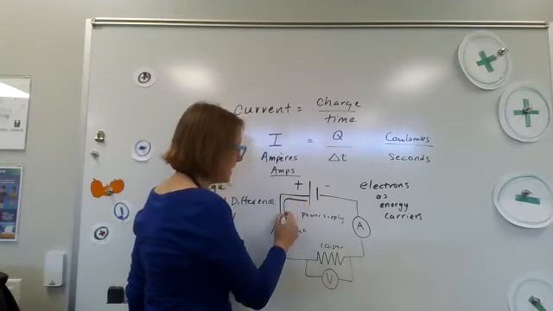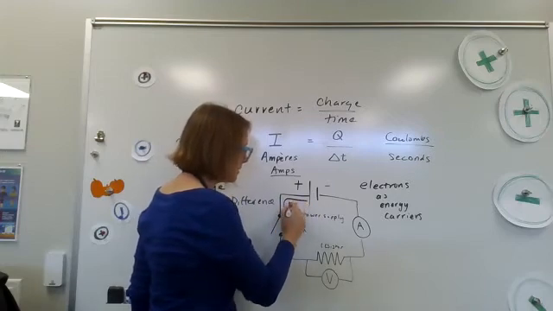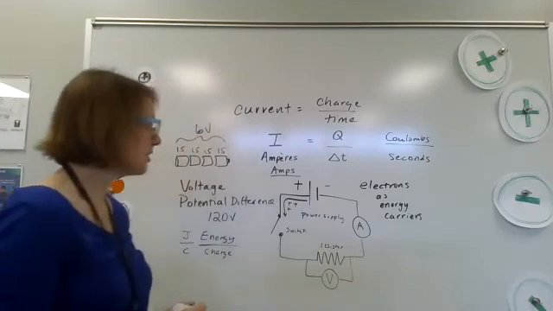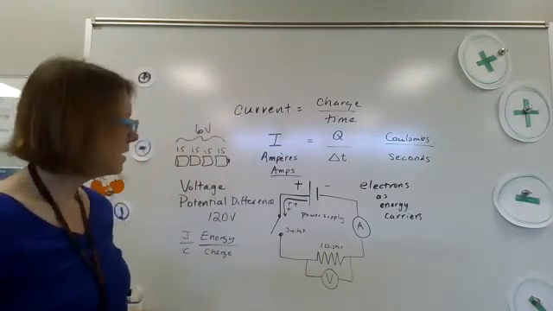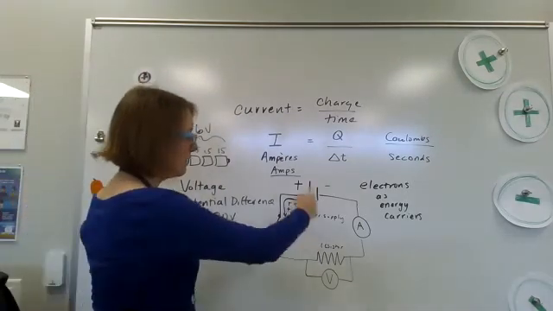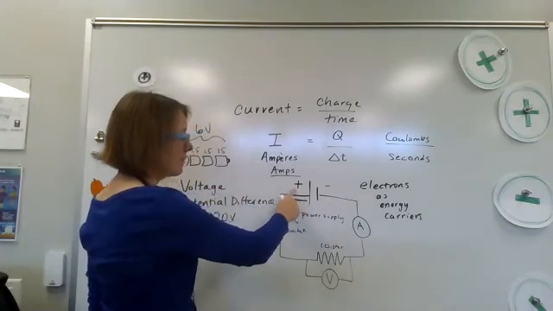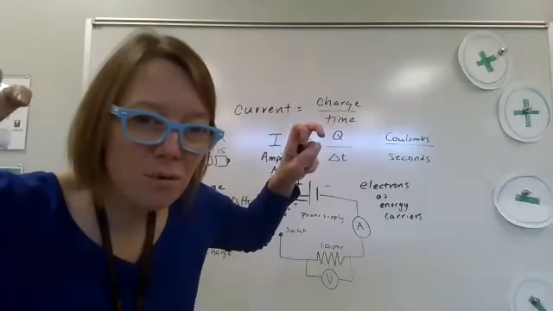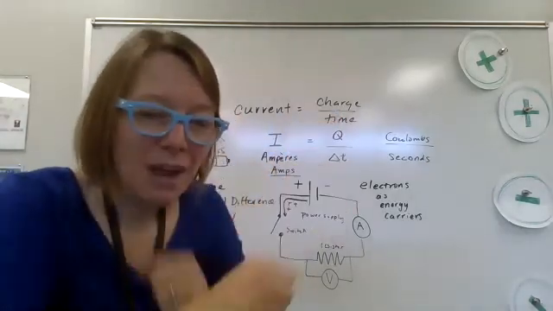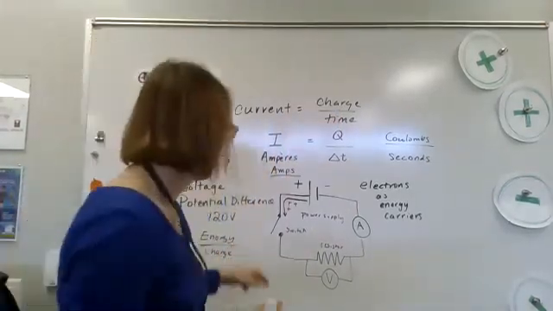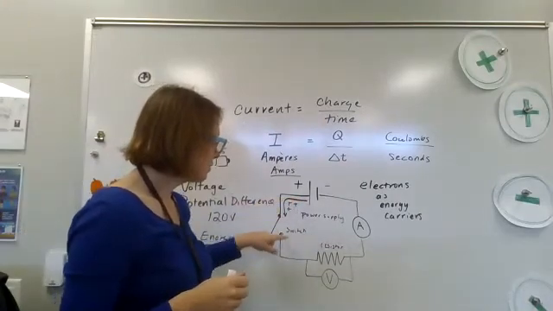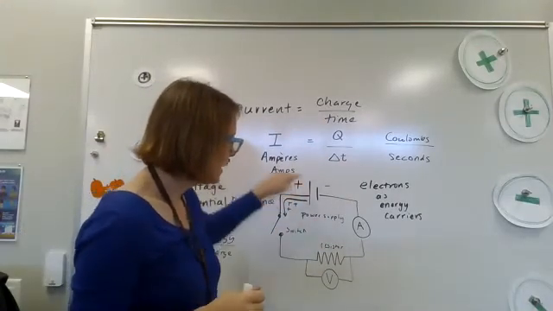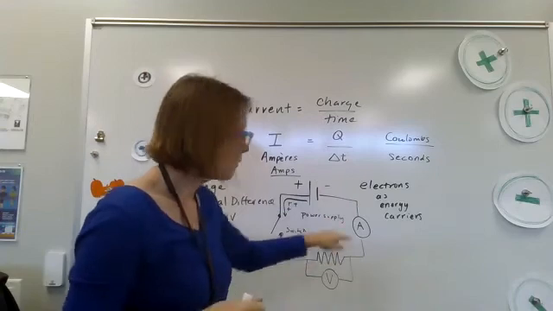Some other fun facts, and then I should probably pause and see what questions you have. In the United States, we model current as positive charge flow. So in this circuit, I would say the charge flow is coming out of the positive. I would say the protons are moving. They're not really, but that's how we do it here. I'd say the positive charge flow is going around the circuit counterclockwise.